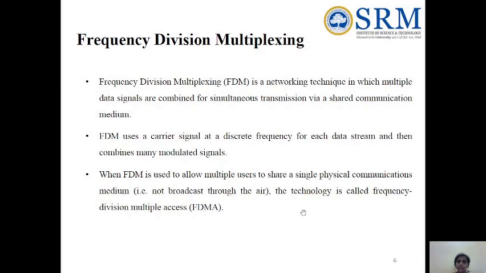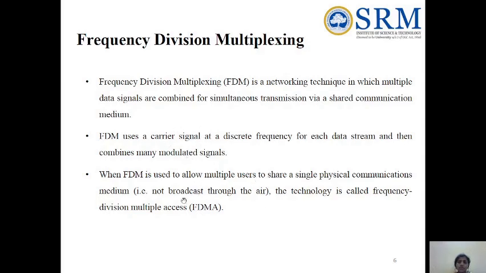In this case, the FDM technique makes use of a carrier signal for each of the data streams. You can see that there is a communication medium which is split into different frequency bands, and each signal is given a separate frequency band with which it will be able to transmit. These frequency bands are called the carrier signals.